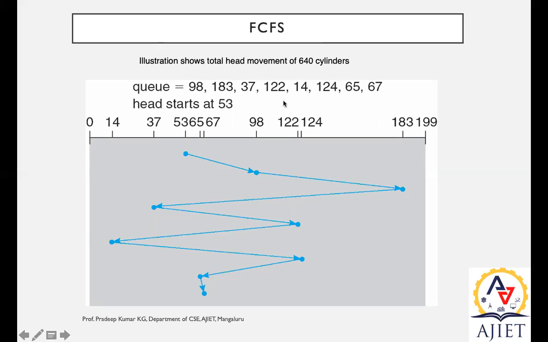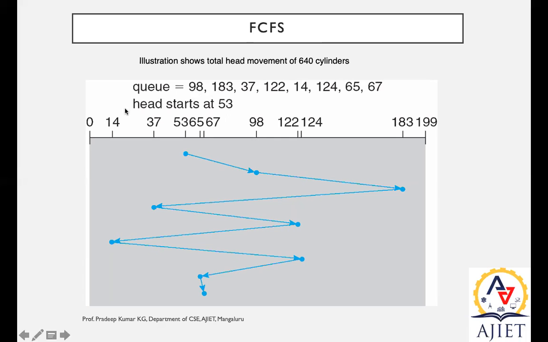These are the list of IO requests made by the operating system or other processes. Now the job is to allocate the disk. The allocation is in the form of FCFS, as per the name. So according to that list, 98 appears first, then 183, 37, and so on.